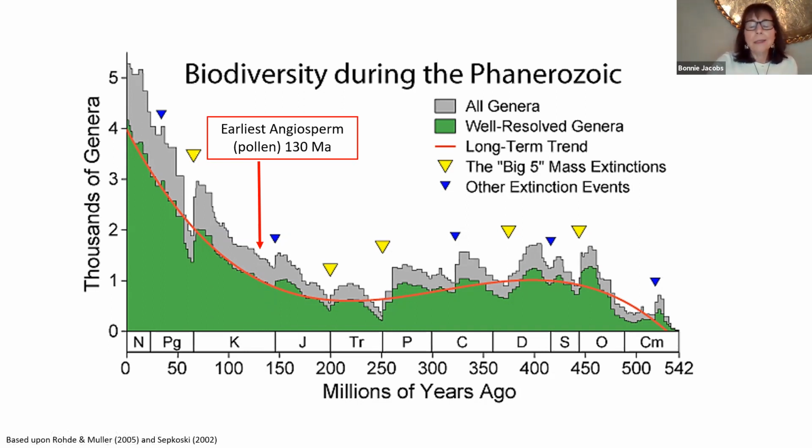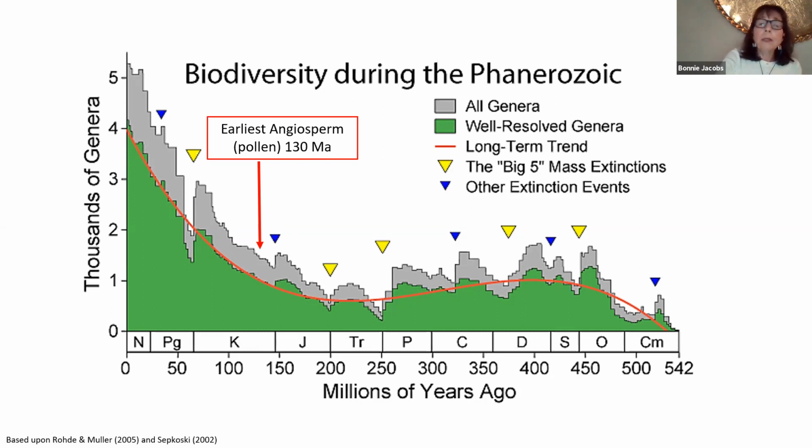And I'll just say as an aside here, because I can't help it, you see that there are these 5 big mass extinctions that are pointed out by these yellow triangles. Mass extinctions mean that there are times in Earth history where over a short period of time, you have the loss of many, many species.